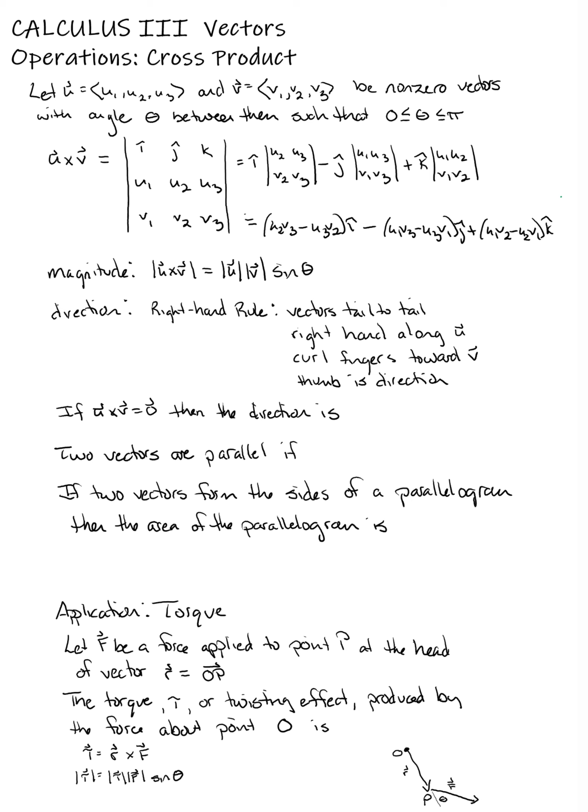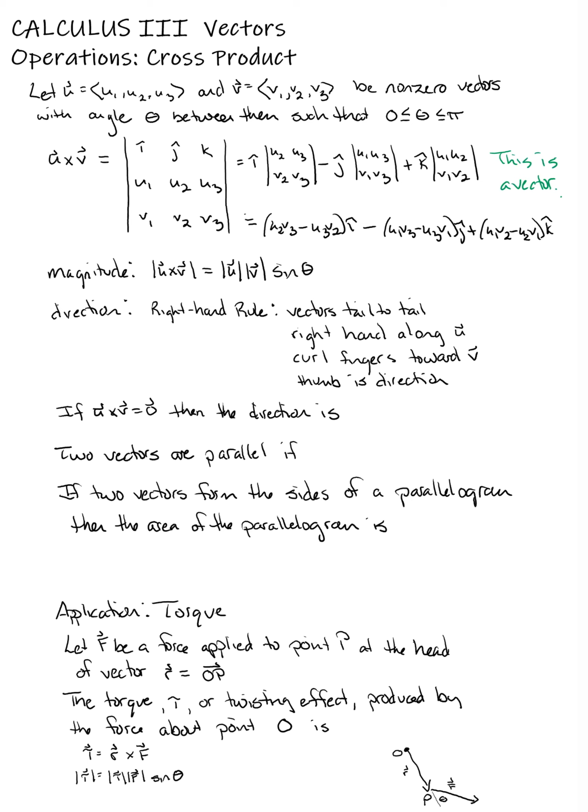Now, I want to point out that this is a vector. It's a vector value, not a scalar value. So it has both magnitude and direction. The direction of this, we can find using what's called the right-hand rule.